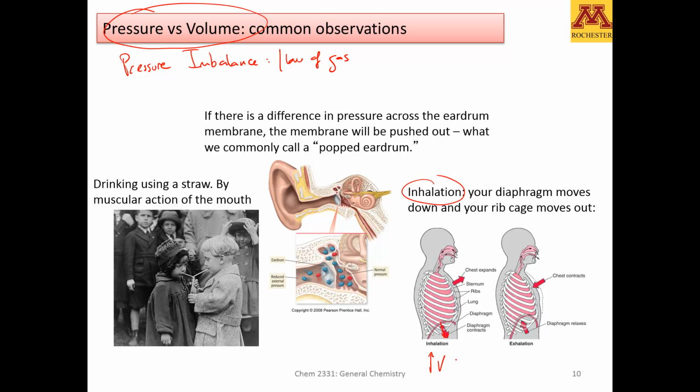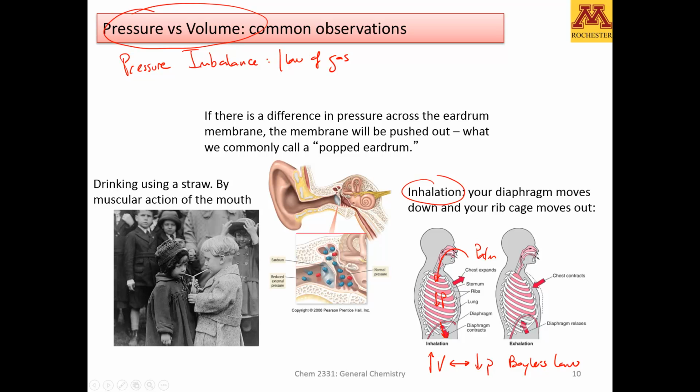By Boyle's law, because the volume is increasing, pressure is decreasing. This is Boyle's law. So by lowering the diaphragm, we are decreasing the pressure. Because we are decreasing the pressure, and here is the atmospheric pressure, there's a pressure imbalance, and this will create a flow of gas.